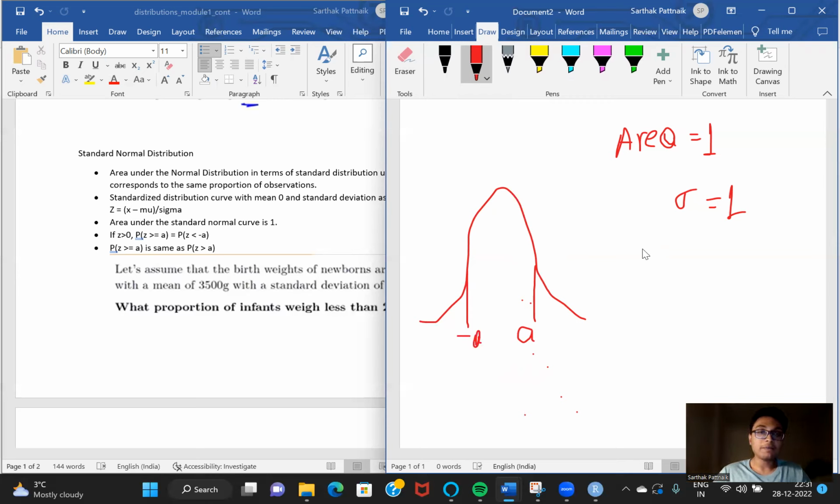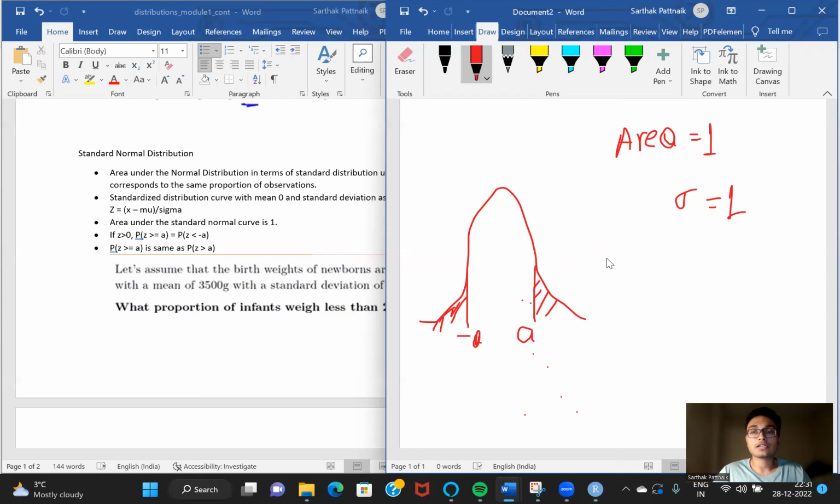So a fundamental property in both normal distribution and standard normal distribution is that the area towards the right of this will be the same as the area beyond the left side of -A.